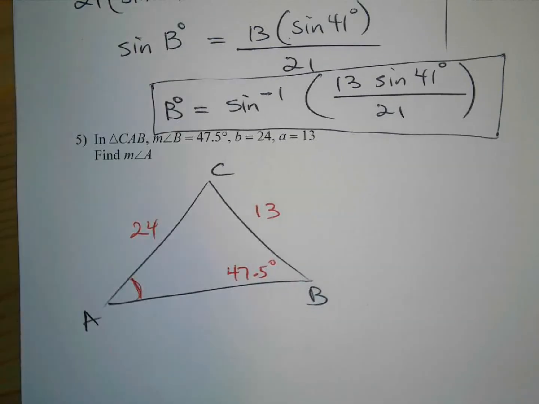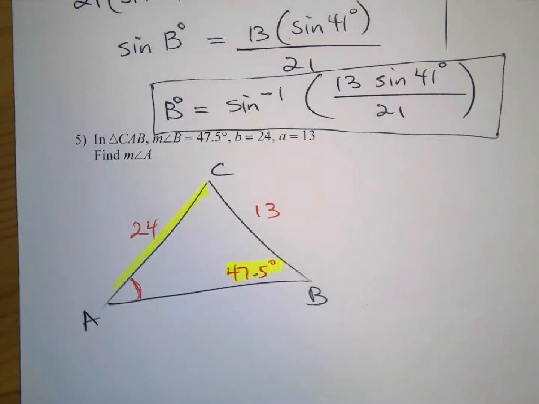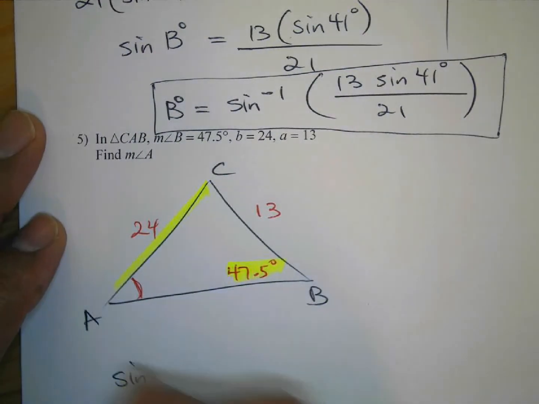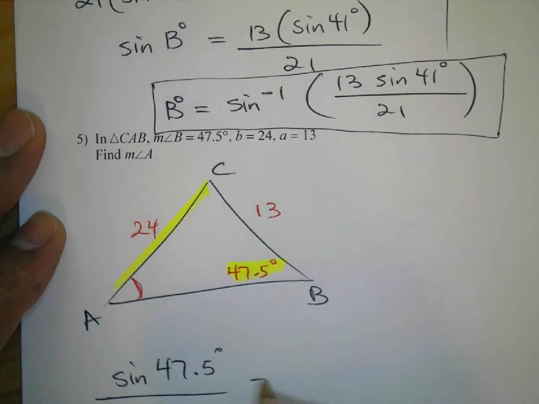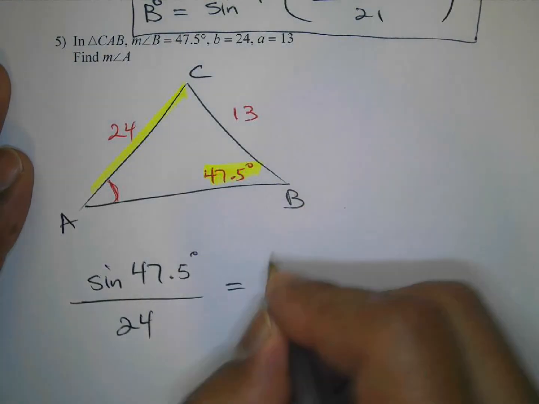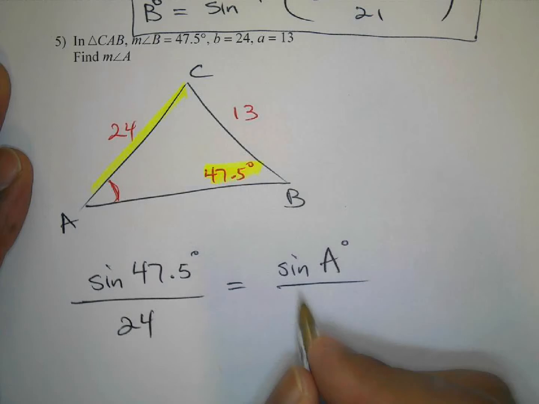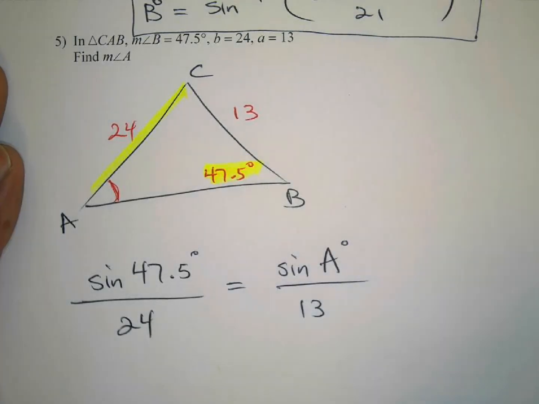Law of sines again, setting it up. We start with the one that has the angle in the given side. Sine of 47.5 degrees over 24 is equal to sine of A, which is the angle that you're trying to find, over its corresponding side, 13.